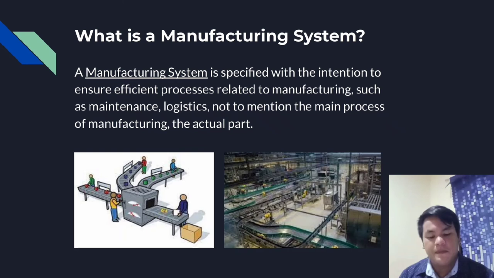The manufacturing objectives are specified to achieve certain operation requirements around quality, capacity, cost, etc. They are also specified with the intention to ensure efficient processes related to manufacturing, such as maintenance and logistics, not to mention the main process of manufacturing, the actual making.